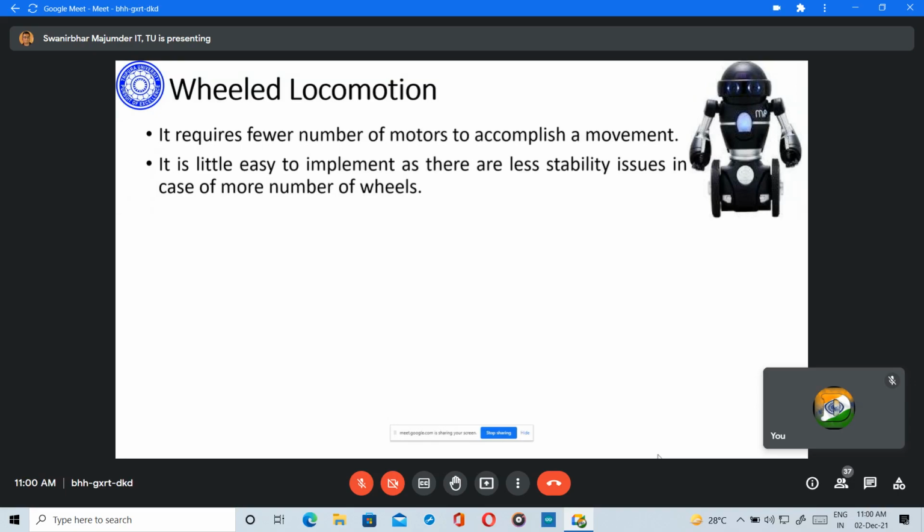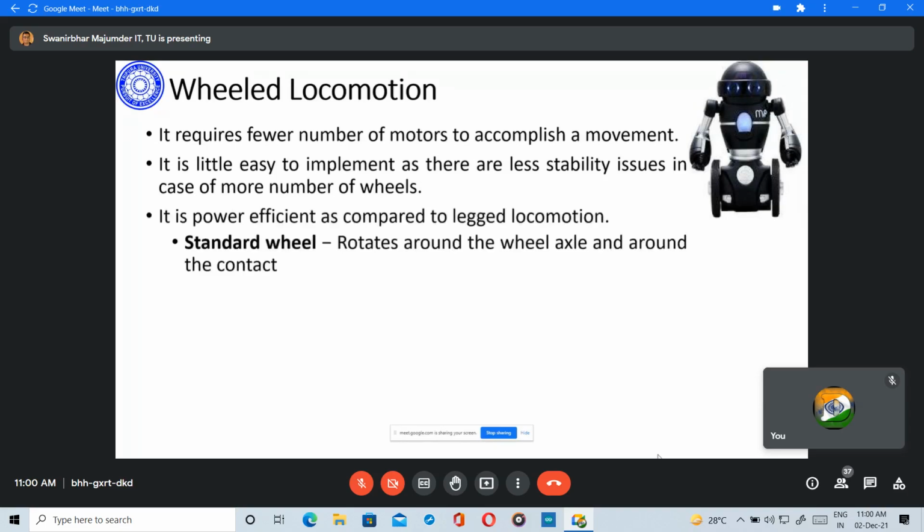Along with that, it is easy to implement because it has less stability issues, because if you have more number of wheels, or the one that I told, in case you are having mouse ball kind of wheel, here the control is much easier because a mouse can go left, right. You can see when it is a ball kind of thing, ball movement, it is much easier than the wheel movement.